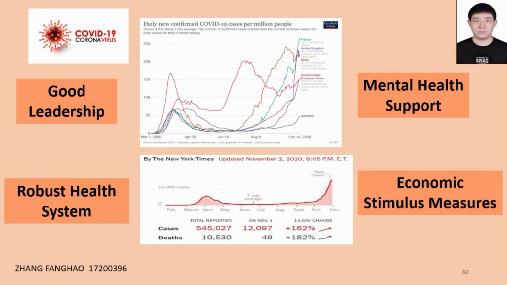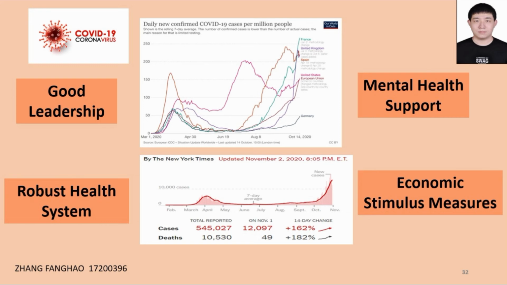However, compared to its neighbor countries like France, United Kingdom, and Spain, Germany has done much better in fighting the virus. We could see the picture. Since the pandemic was officially announced by the World Health Organization, the number of confirmed cases in Germany has still been the lowest compared to other countries in Europe and North America.